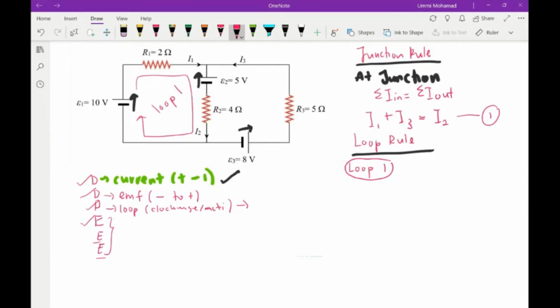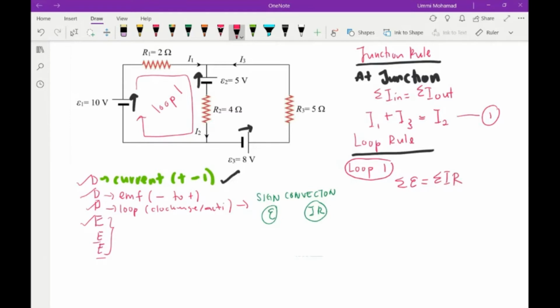Before we generate the equation, we need to know the sign convention for EMF and also for IR. The basic loop rule equation is summation of EMF is equal to summation of IR for every loop.